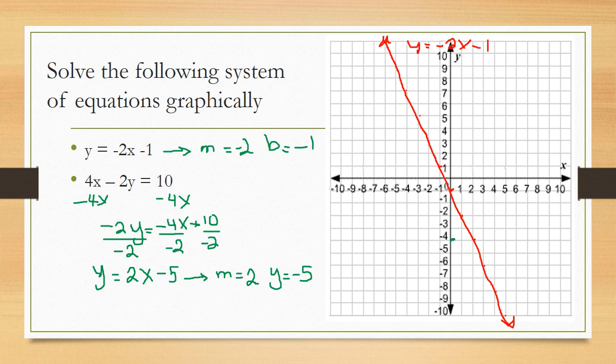I'm going up 2, 1 to the right, up 2, 1 to the right, and I'm going to keep going. The opposite way on the other side, I'm going down 2, 1 to the left, down 2, 1 to the left. I'm going to end up with another line here.